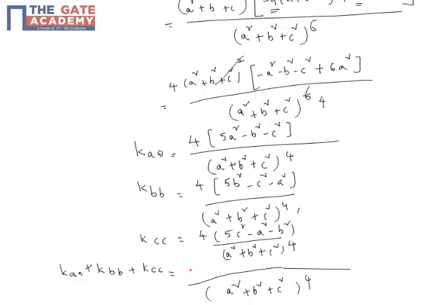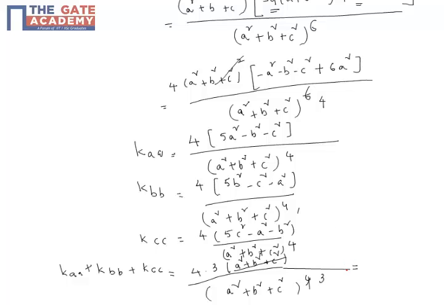So here if you simplify the numerator, you will get 4 into 3 into (A square plus B square plus C square). So this one and this cube will be there.